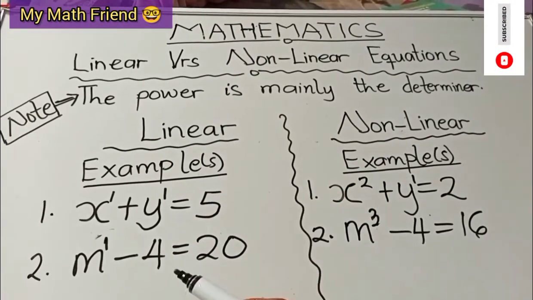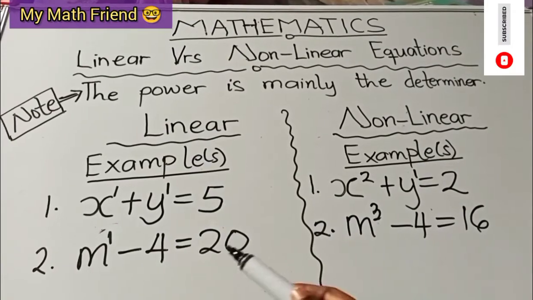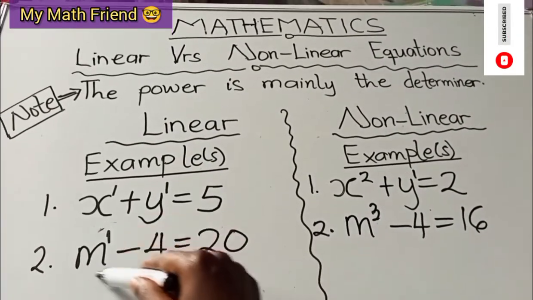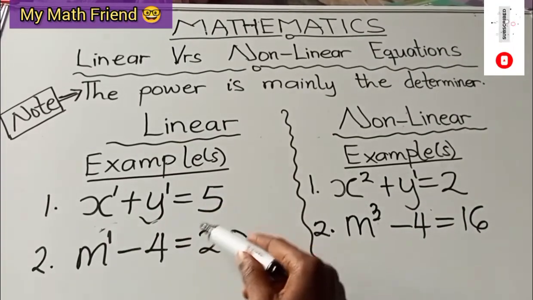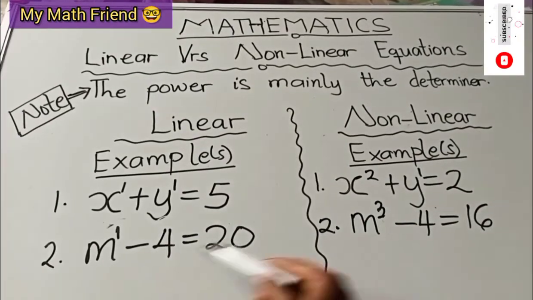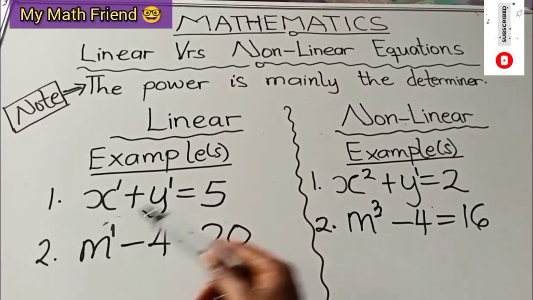Of course, it's an equation. I hope you remember in one of the videos, which I would want you to go back to, that when you have two expressions, m minus 4 is an expression and 20 is also an expression, two expressions being equated becomes an equation. So in this equation, the highest power is 1, and it's linear.